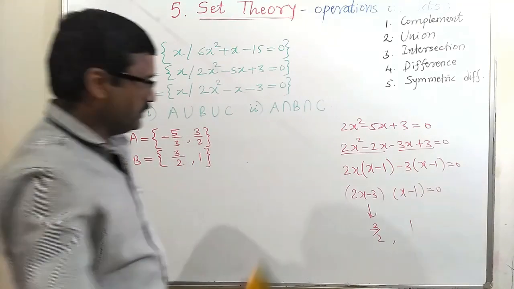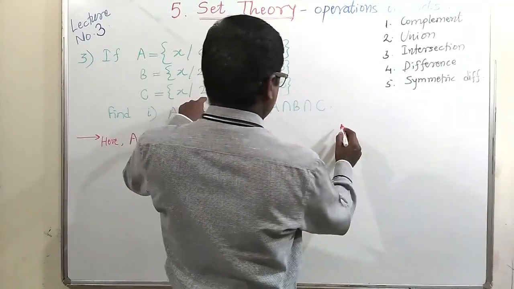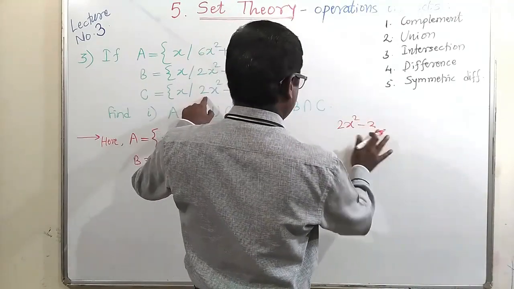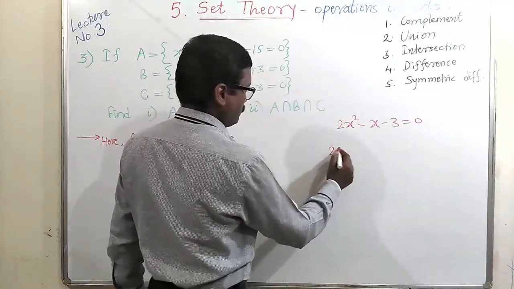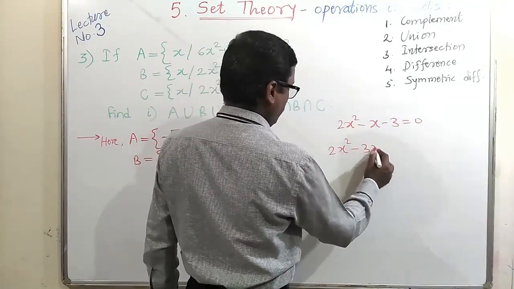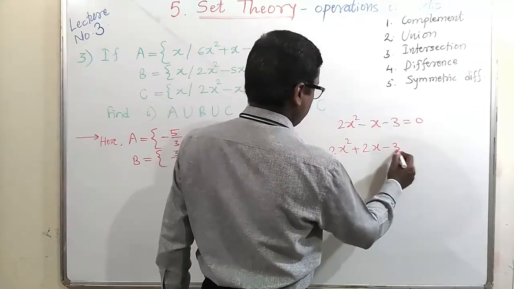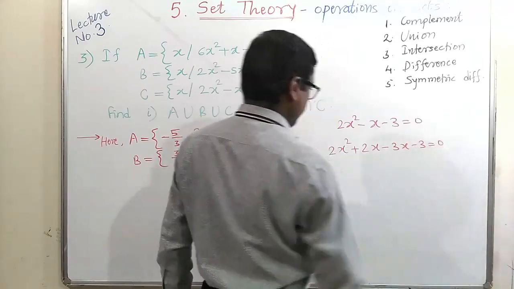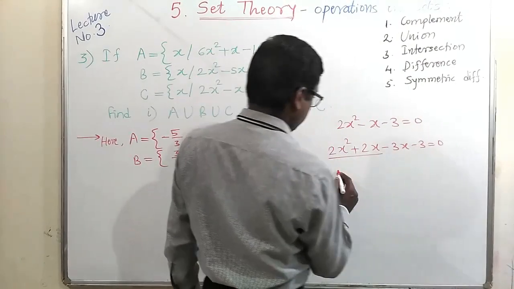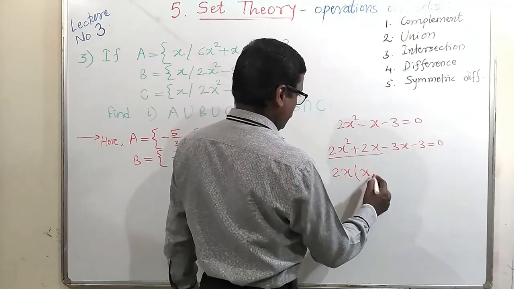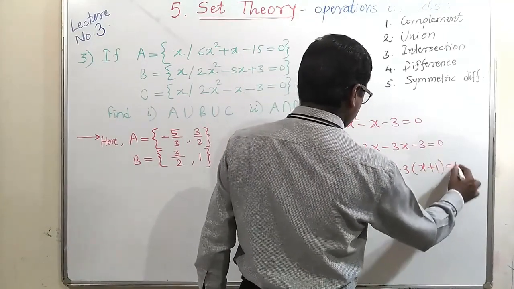Now find the set C. In a similar way, by solving this quadratic equation 2x square minus x minus 3 equal to 0. So the factors are 2x square minus 3x plus 2x. I will write here 2x square plus 2x minus 3x minus 3 equal to 0. Okay, so that we get here taking common 2x into x plus 1 and here taking minus 3 x plus 1 equal to 0.